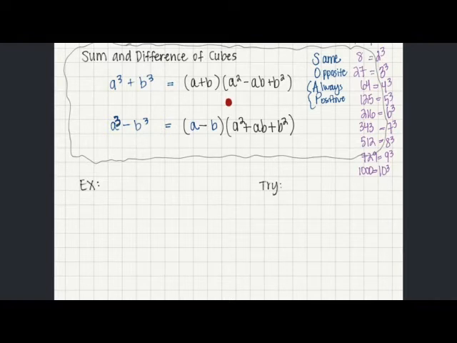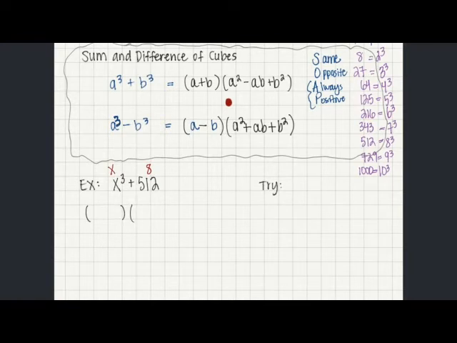So let's try this with some numbers, and maybe it'll make a little bit more sense. Like I said, this one's my favorite. I think once you catch on to it, you'll find how incredibly straightforward it really is. x cubed is a cube of x, and 512 is a cube of 8.